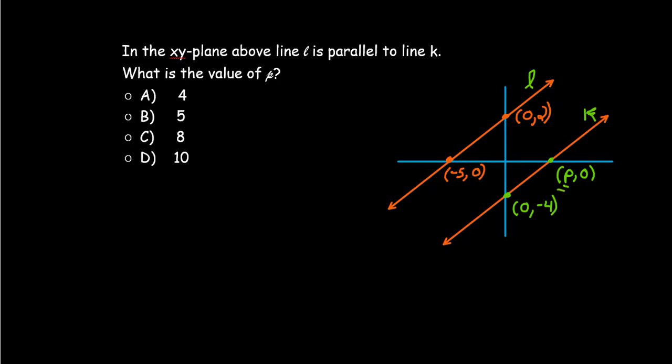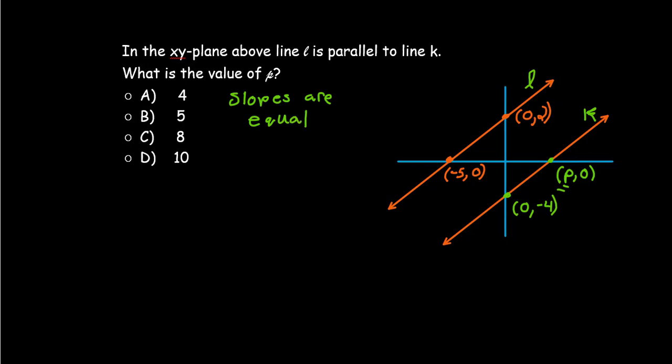Well, when we know we have parallel lines, what do we know about the slopes? The slopes are equal. So we know that the slopes are equal.